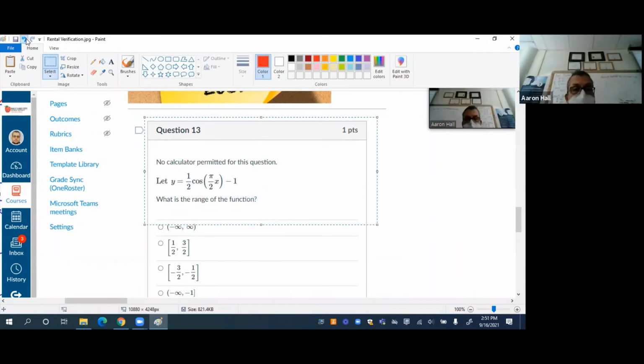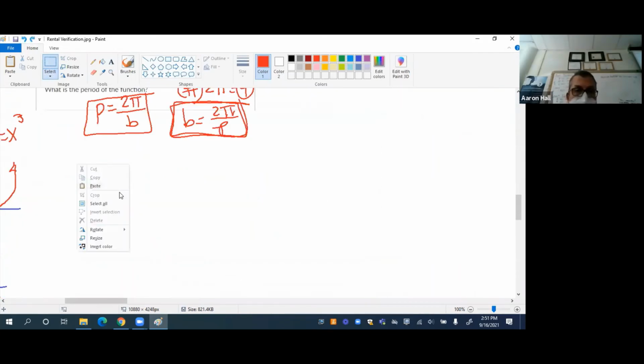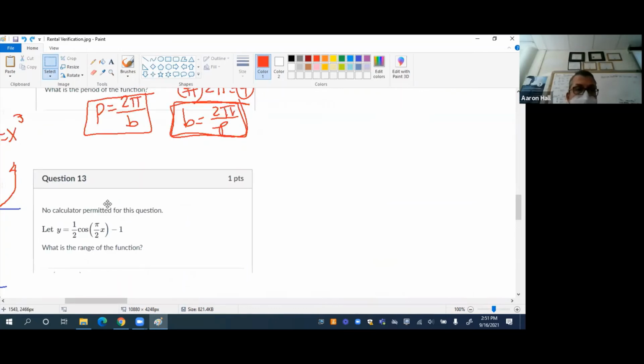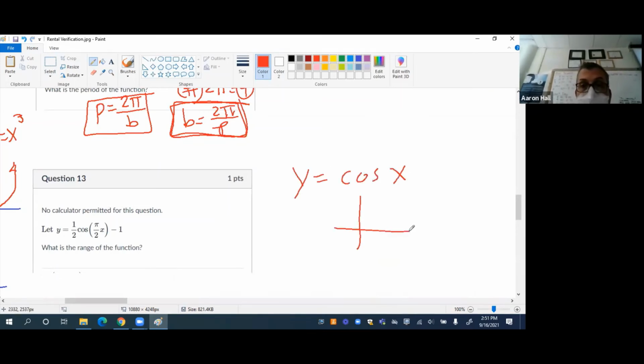Partly. So Riley said, is it based upon the amplitude? And that's partly true. Now let's consider if we just have y equals cosine of x. We have a function that oscillates back and forth across the x-axis.